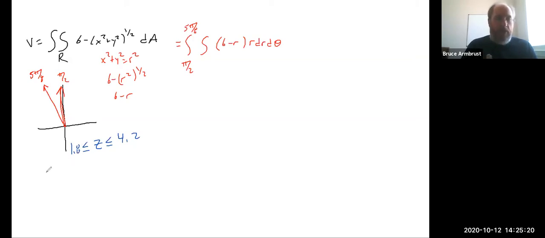So if you were to actually look at the cone from the side, okay, so there's our cone, we're basically slicing through this at 1.8 and then up at 4.2. So we've cut off the top of the cone, we've cut off the bottom of the cone. And so we're just looking at this little chunk right here and the area that's underneath it.